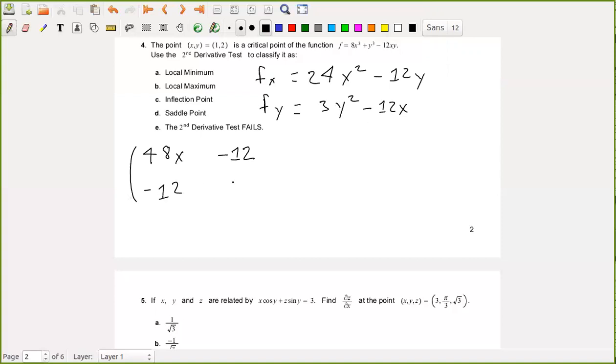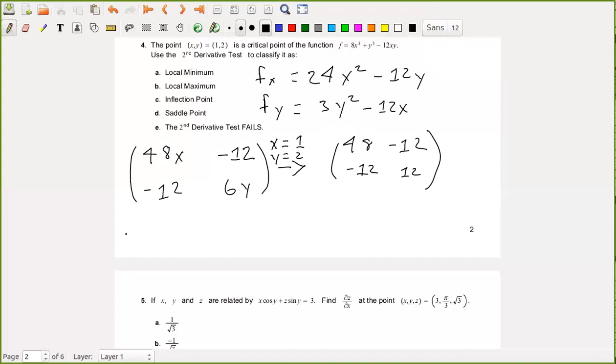And then the double y derivative is 6y. Okay, and if we plug in x is equal to 1 and y is equal to 2, that's what this arrow means here, what we get is 48, minus 12, minus 12, and 12.